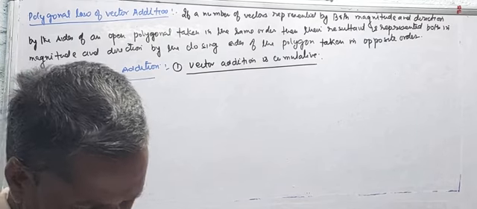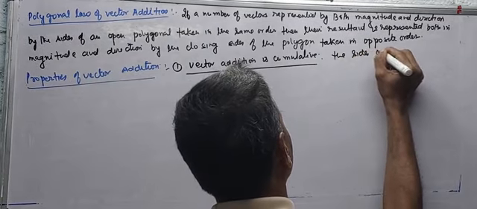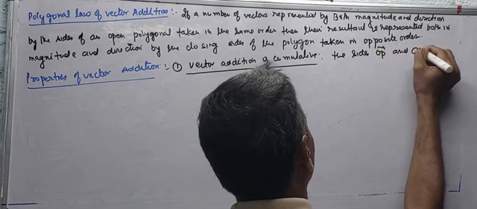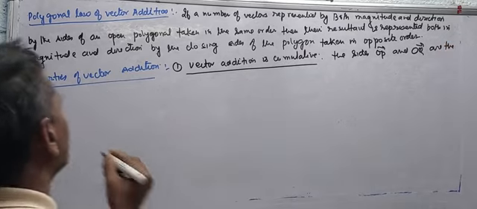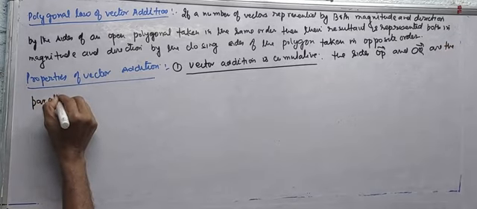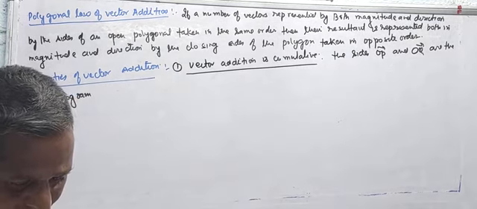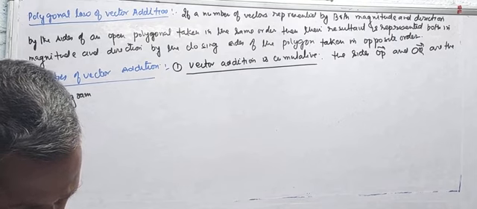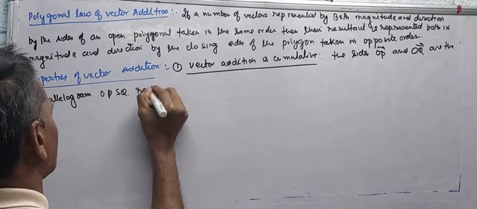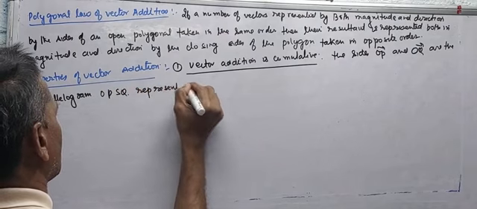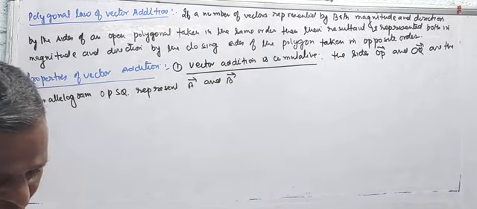The sides OP vector and OQ vector of the parallelogram OPSQ represent A vector and B vector.